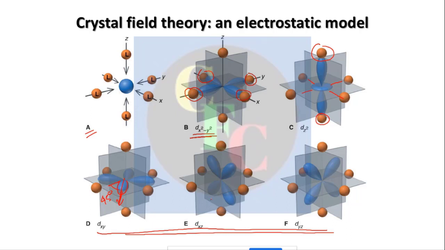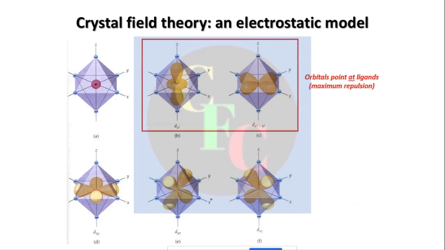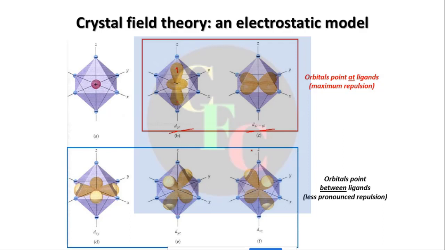Now as a result, what happens? The dz square and dx square minus y square orbitals experience more repulsion. The electrons in these metal orbitals will experience more repulsion compared to these 3 orbitals, that is xy, yz and xz, right?